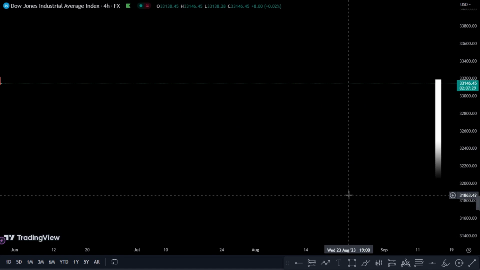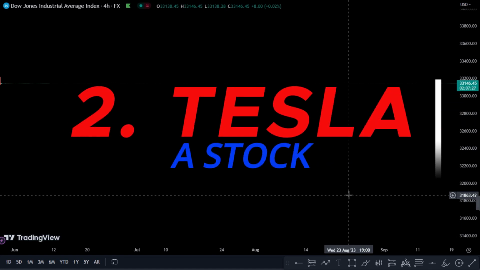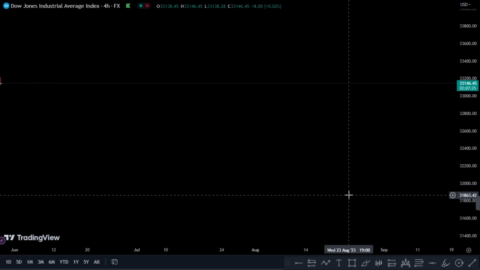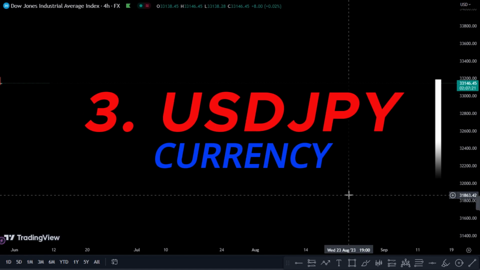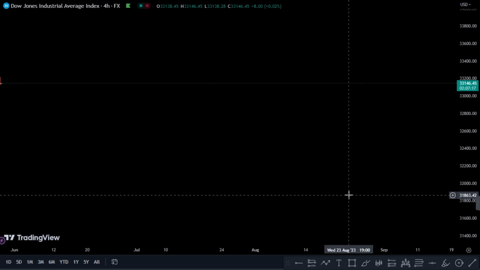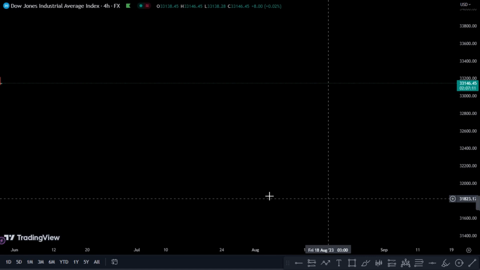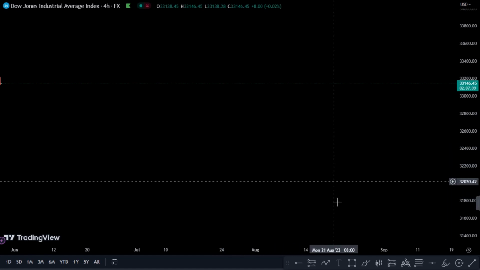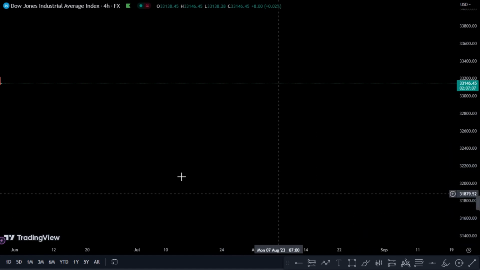Number two, we're going to be using a stock, which is Tesla. And number three, we're going to be using a currency that we are currently inside a trade on, and that is USD JPY. So those are the 3 instruments that we are going to use to explain the strategy here.